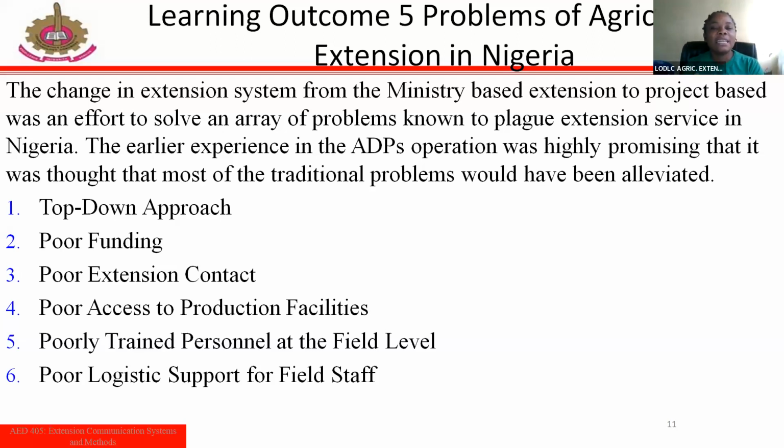So all these are problems that were faced by extension agents in Nigeria, but not all. We still have more. So part of our assignment will be online, you Google to know various problems that have been encountered by agricultural extension in Nigeria.